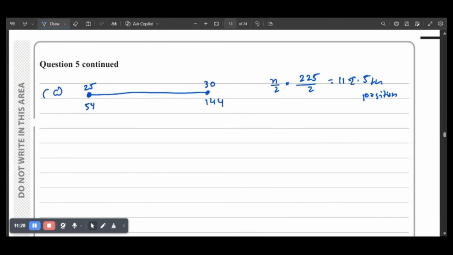We can represent this on the line we have drawn. This will be 112.5, and the value is x. The value is quartile 2 that we need to find.